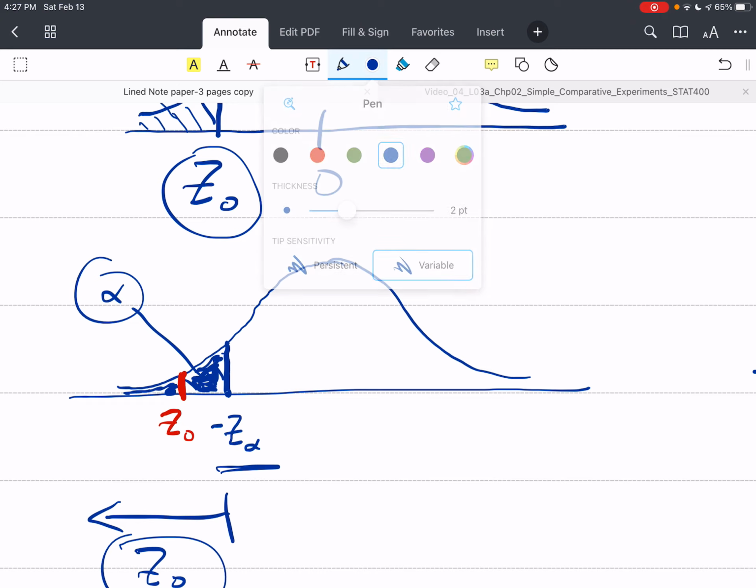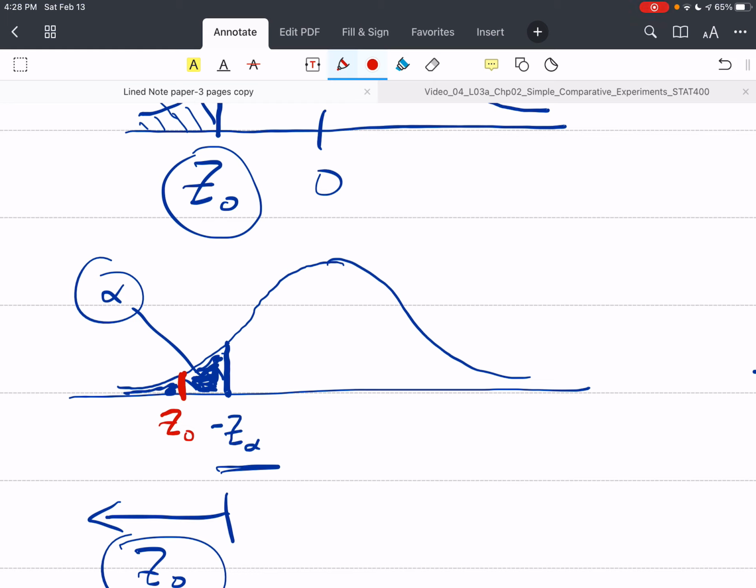If z naught is somewhere to the left, less than negative z sub alpha, then the probability of being as extreme or more extreme is going to be here. This area has to be less than alpha. So that is how we get the rejection region for that case.